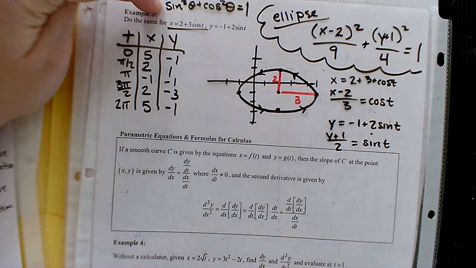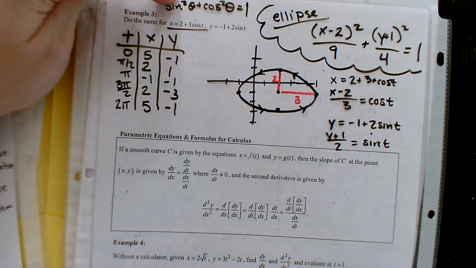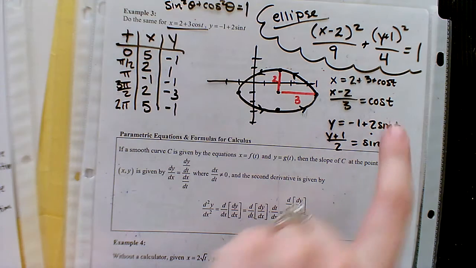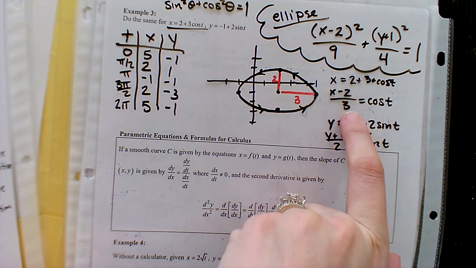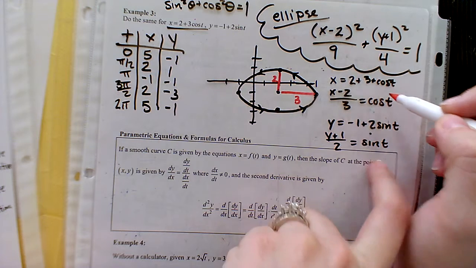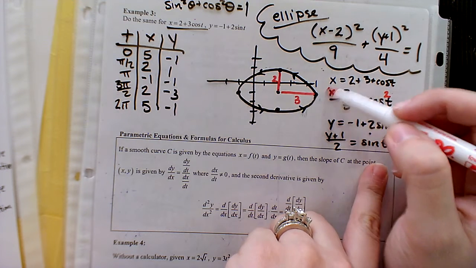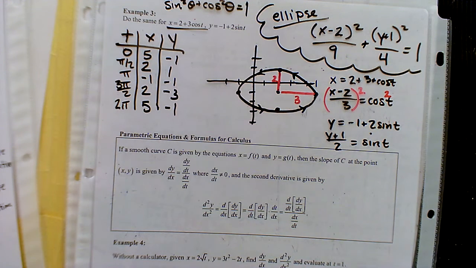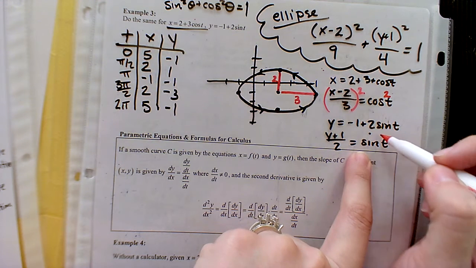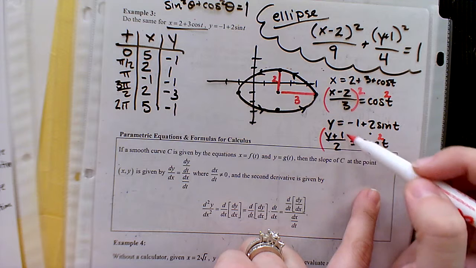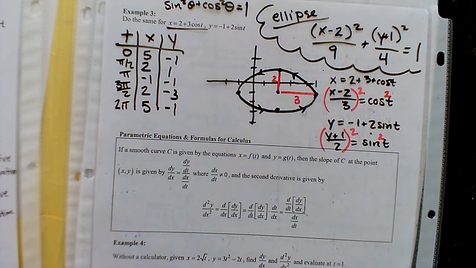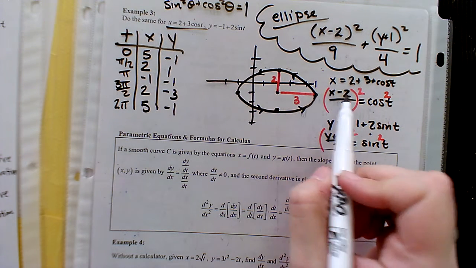Now, based off of this trig identity, we need to do sine squared plus cosine squared, and that would equal 1. If cosine of t is this fraction, if we square cosine, we'd have to square that side as well, right? What you do to one side, you do to the other. If we did the same thing here, if we square sine, we have to square the other side as well. Do you kind of see it taking shape a little bit?